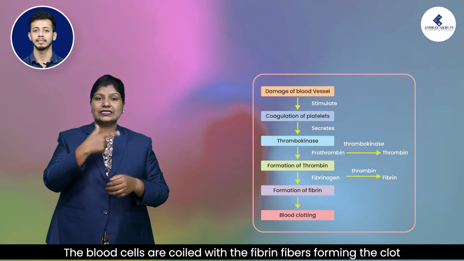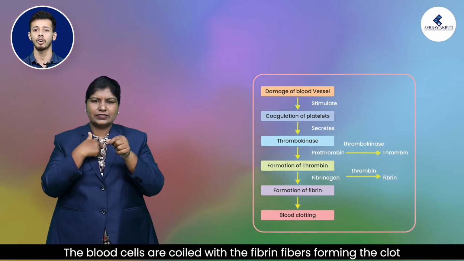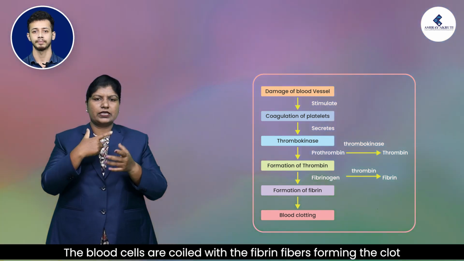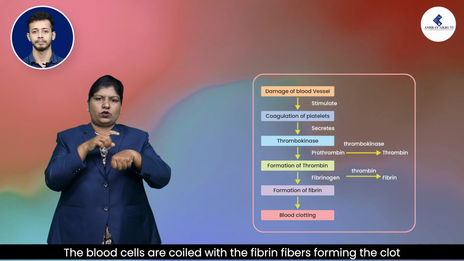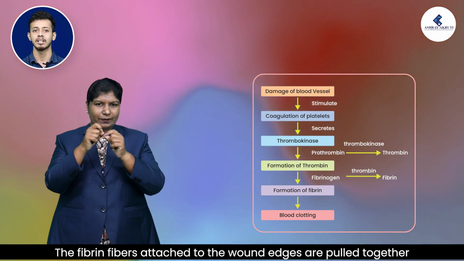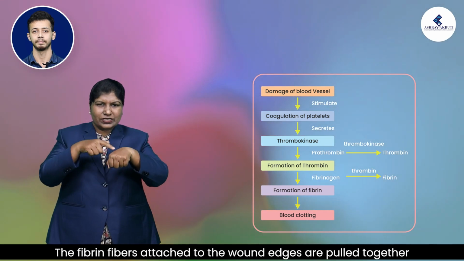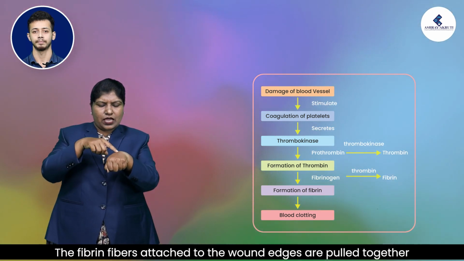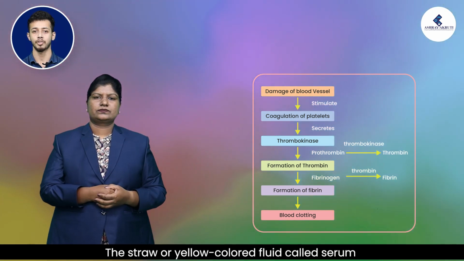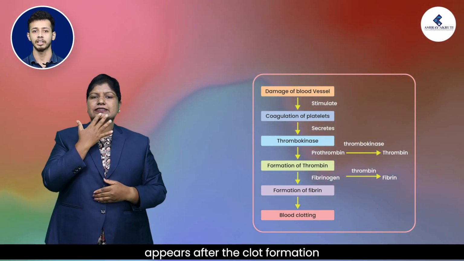The blood cells are coiled with the fibrin fibers, forming the clot. The fibrin fibers attached to the wound edges are pulled together. A straw or yellow colored fluid called serum appears after the clot formation.